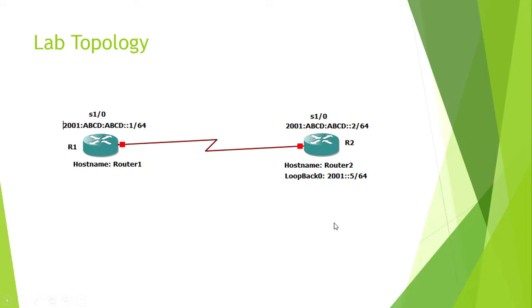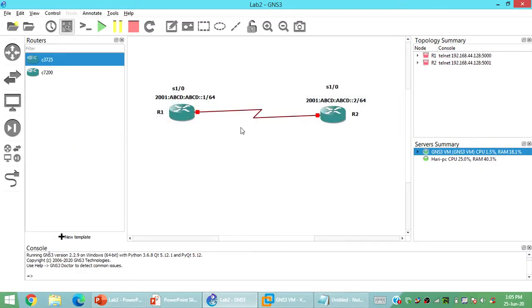Let me show you one more thing, that it comprises host name router 1 and router 2 along with a loopback address of 5/64. Let me show you how to write with the pen tool. Okay, 2001 colon colon 5/64, simple. Okay, it's done.